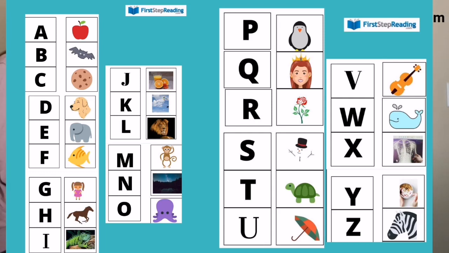The Y says yeah. The Z says zzz, like yogurt and zebra. The letters have sounds, have sounds, have sounds.